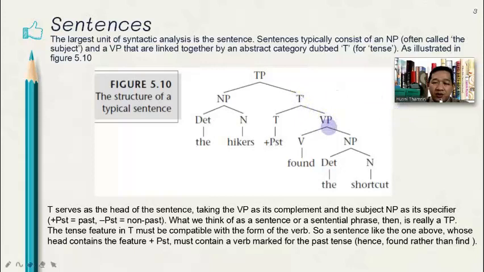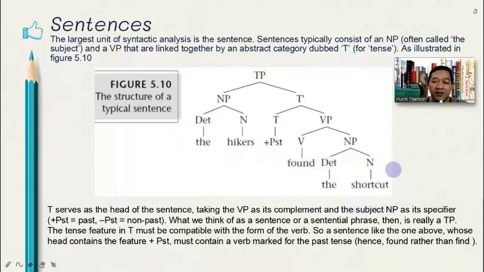The verb phrase consists of a verb and a noun phrase. The verb phrase has past tense, found. Then the noun phrase, the shortcut, is a complement. The noun phrase consists of a determiner and a noun. So, the hikers found the shortcut.